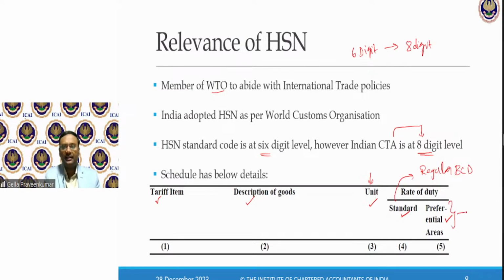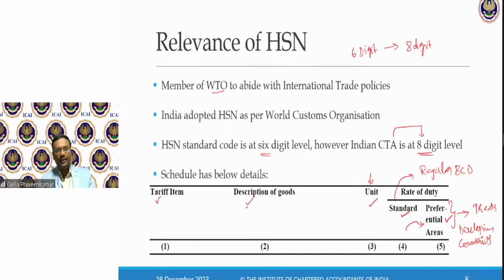Preferential area is on the basis of a treaty with developing countries. For a moment, say Kenya is a developing country. Now, if goods are imported from Kenya for a particular commodity, and if there is a bilateral treaty between India and that particular nation, instead of the standard rate, I prefer the preferential rate.